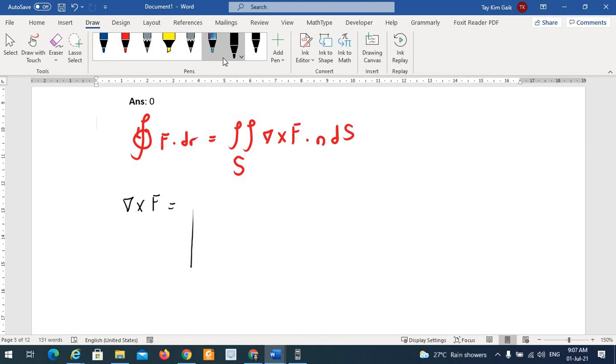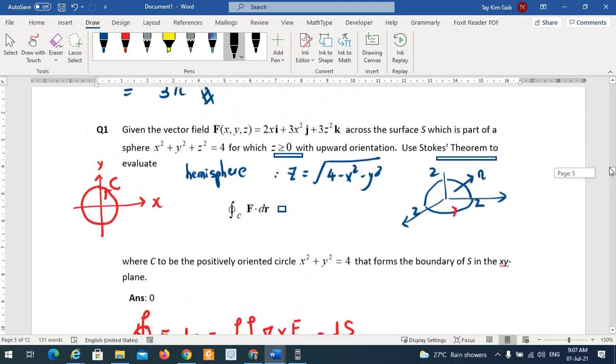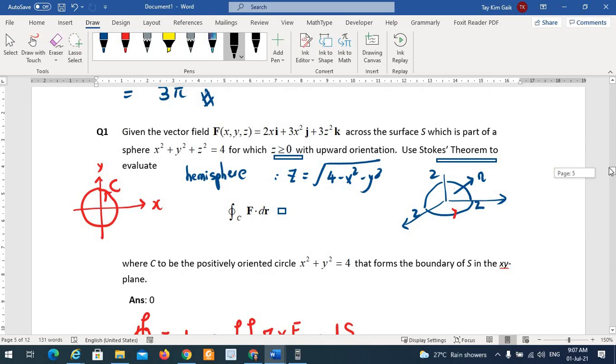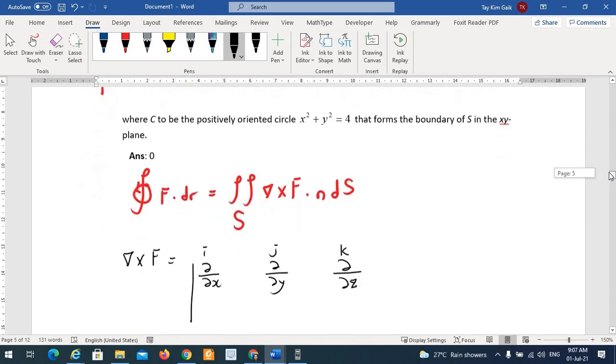Okay. Curl is del, meaning del cross F. This is i, this is del del y, j, and you have del del z, k. Okay, and then looking back, what is vector F? 2x, 3x squared, 3z.